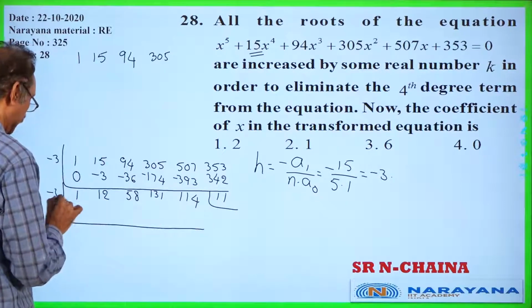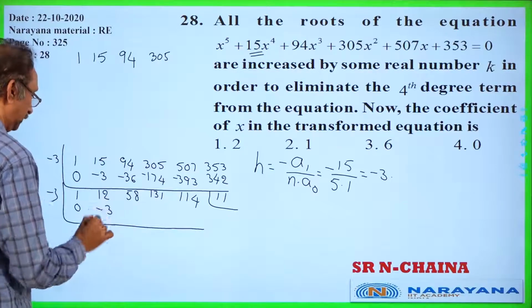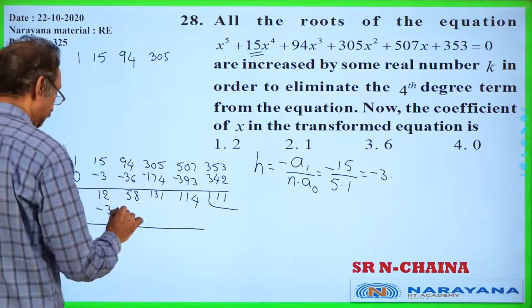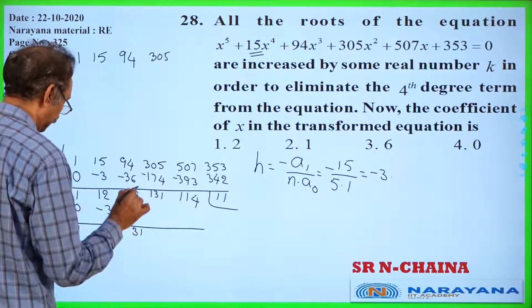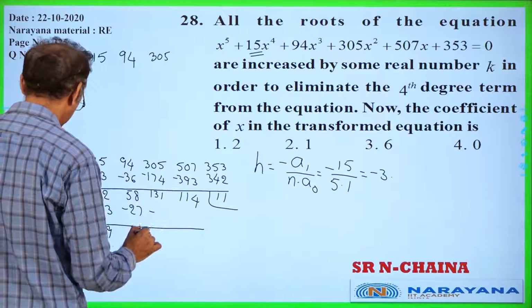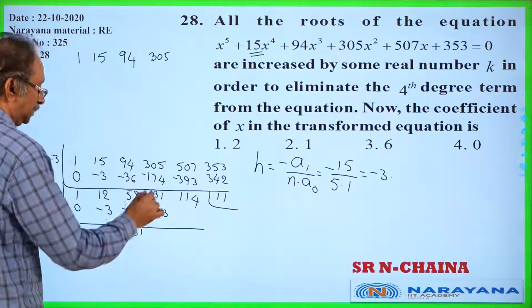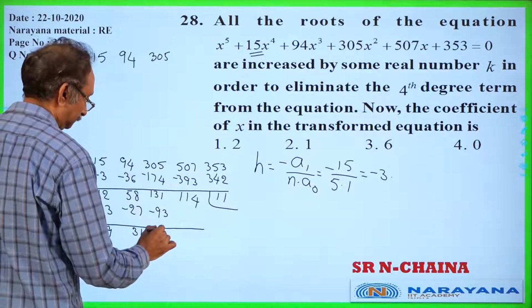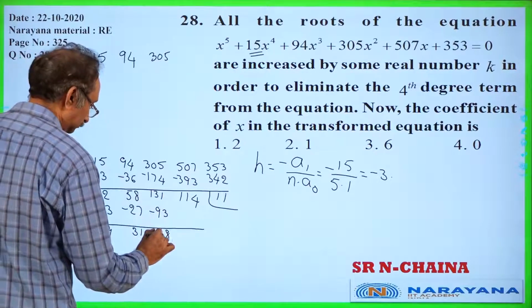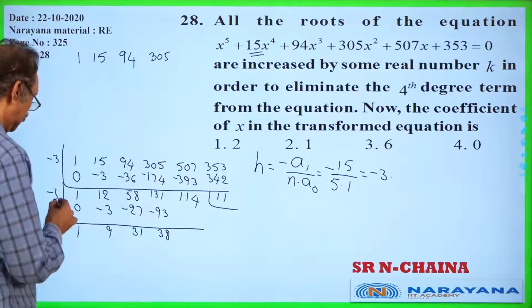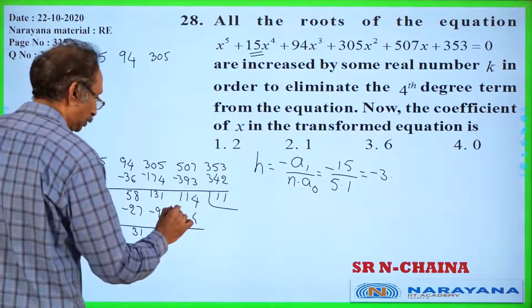Once again, minus 3, 0, 1, this is minus 3, 9, minus 27. So this is 1, 3, 31. And this is minus 93. And this 11 minus 3, that is 8. And 12 minus 9, that is 3, 38. 8 times 3 is 24. And 9 plus 2, 11.